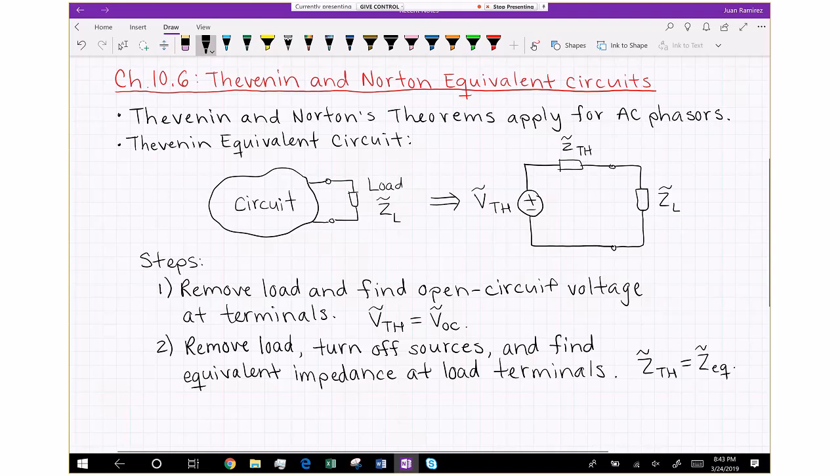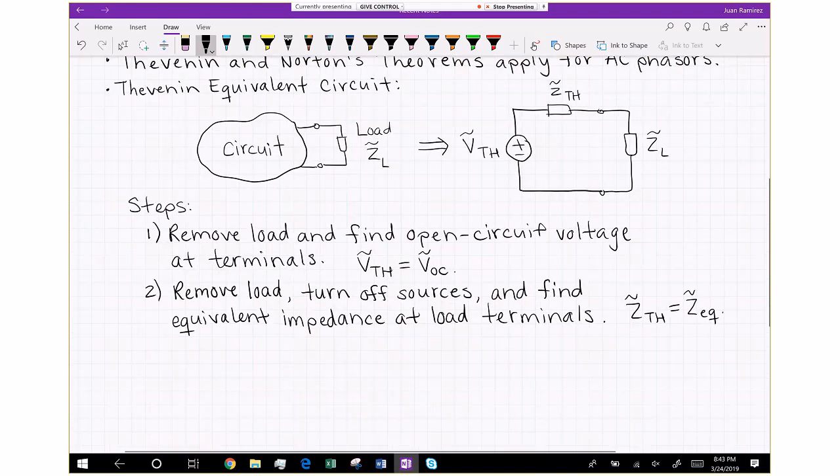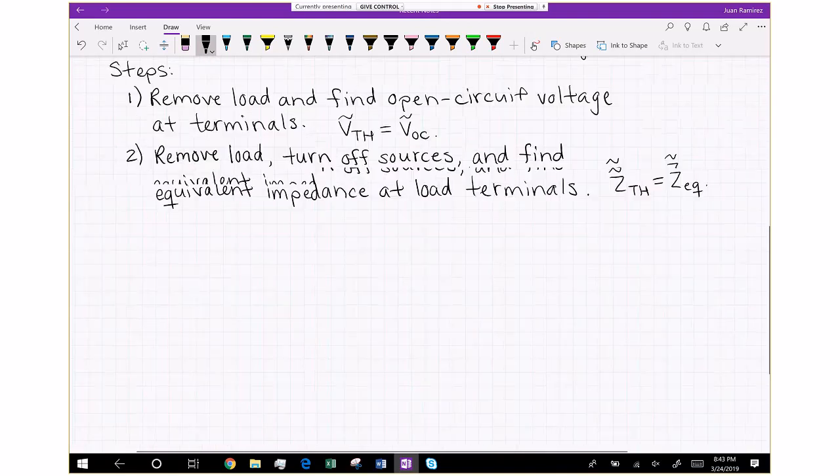Those are the steps. So now let's go ahead and do a similar approach for Norton's theorem.